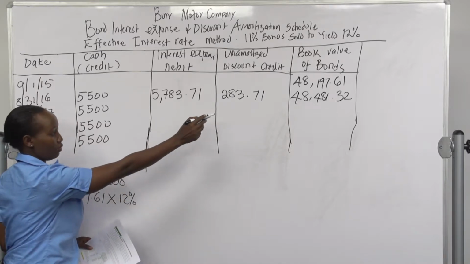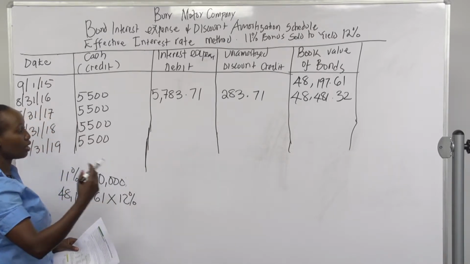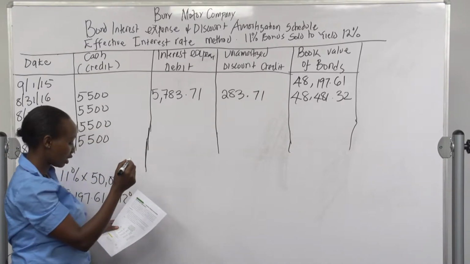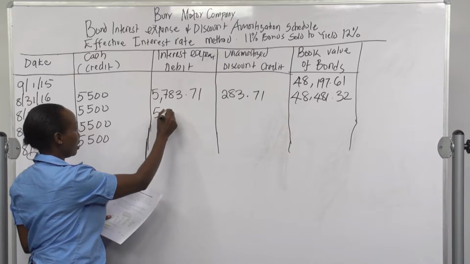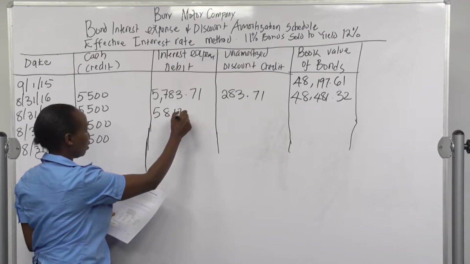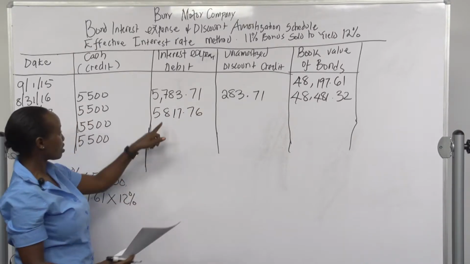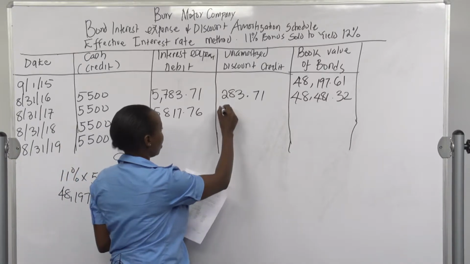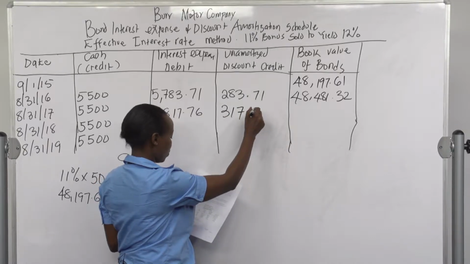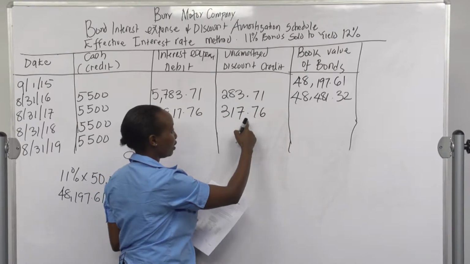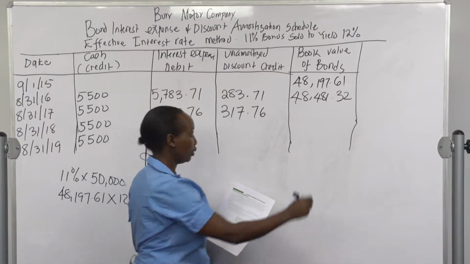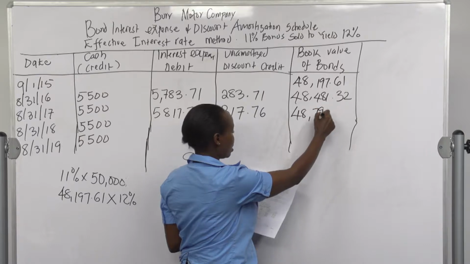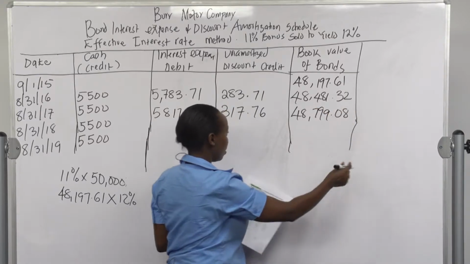So we take 48,481.32, multiply by the yield rate of 12%, and that gives us a total of $5,817.76. We subtract 5,500 from this, and we have $317.76. We add it to the last carrying value to get our next number, $48,799.08. We repeat again.